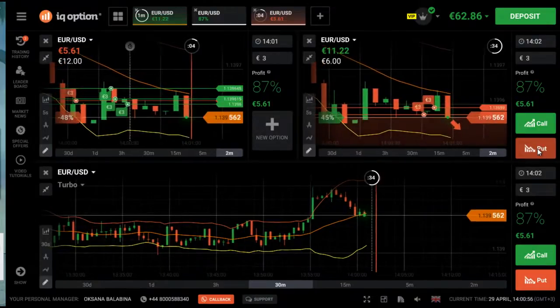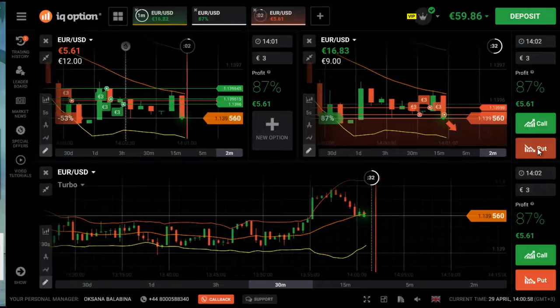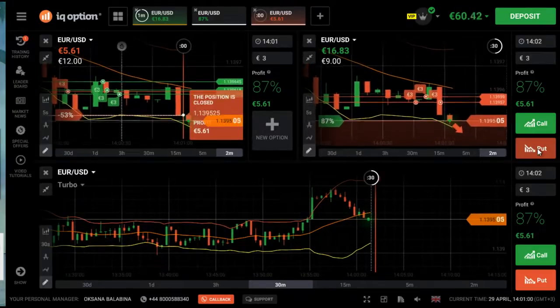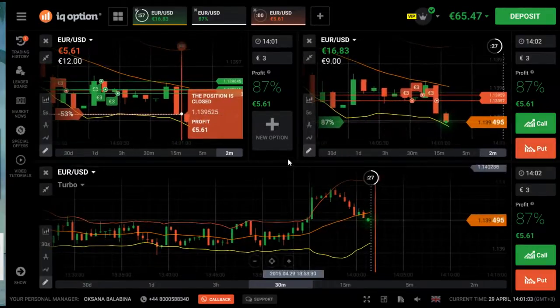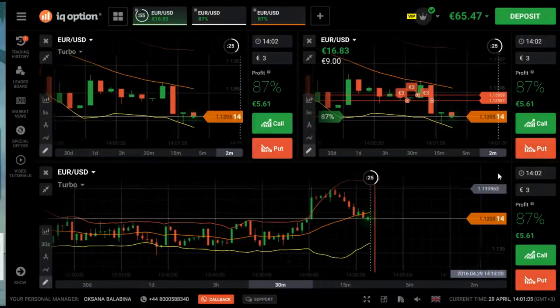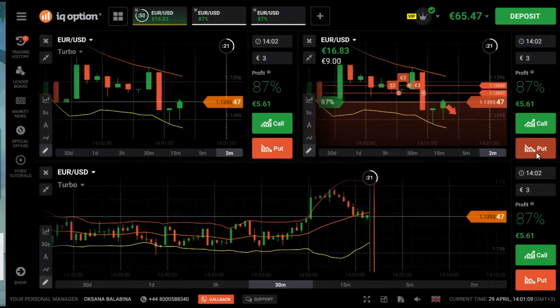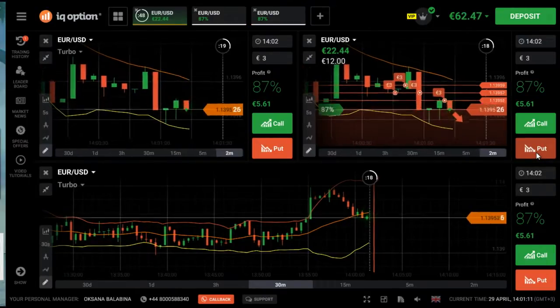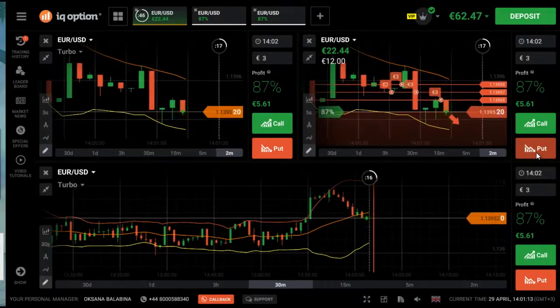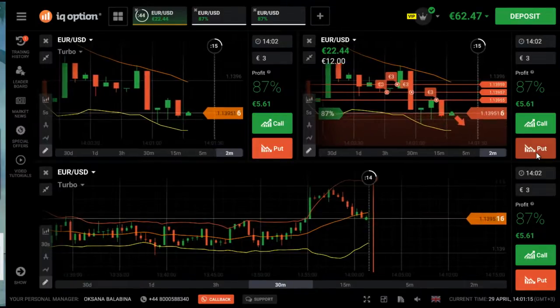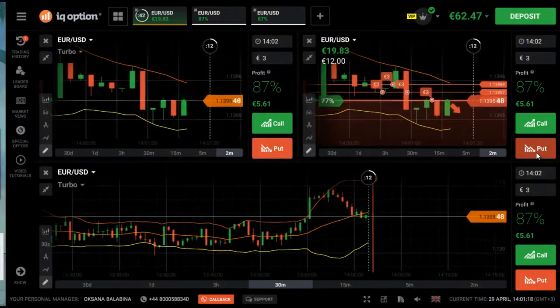On the secondary window I'm going for put because this downward movement is pretty persistent. So I have no choice but to go for the put.